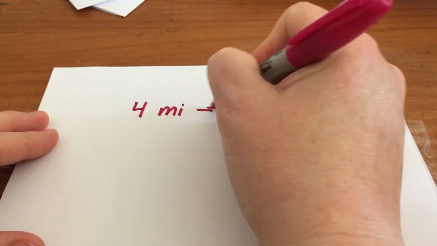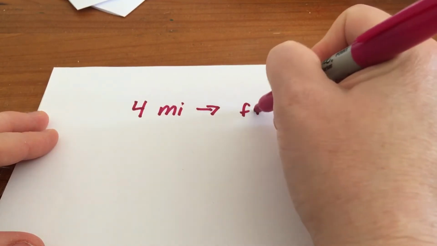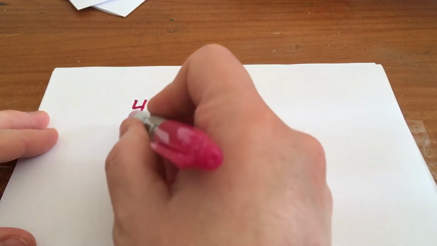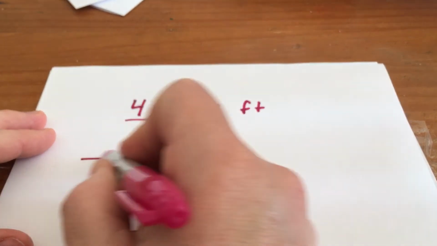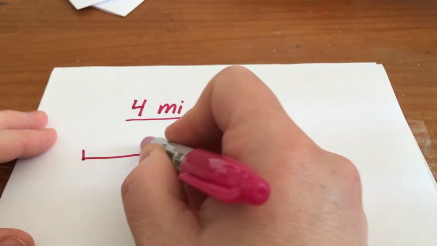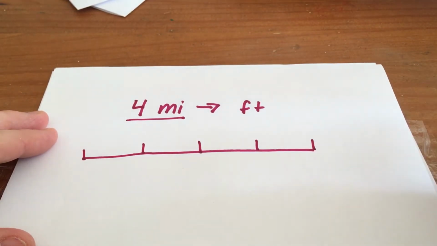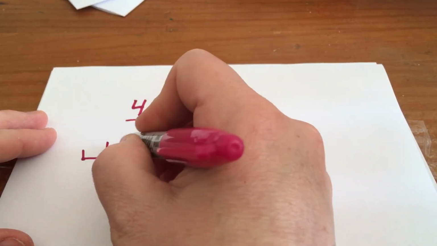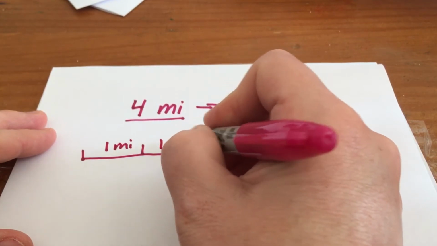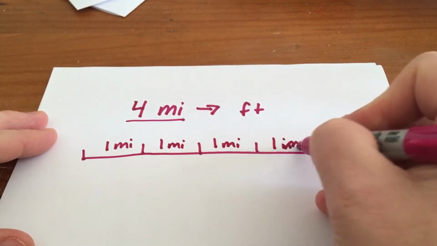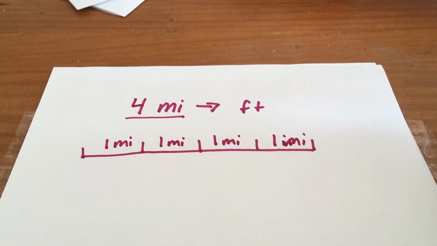miles to feet. Let's start by drawing a picture of what we know. What we know is the 4 miles. 1, 2, 3, 4. This is 1 mile. This is 1 mile. This is 1 mile. This is 1 mile. Now let's go to our chart.